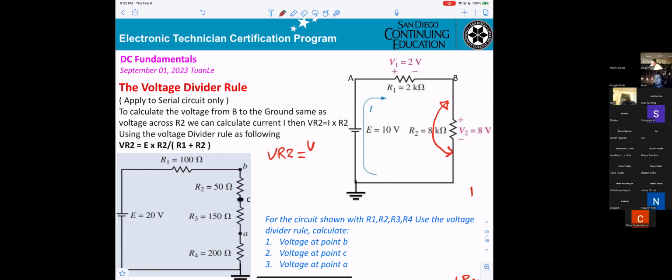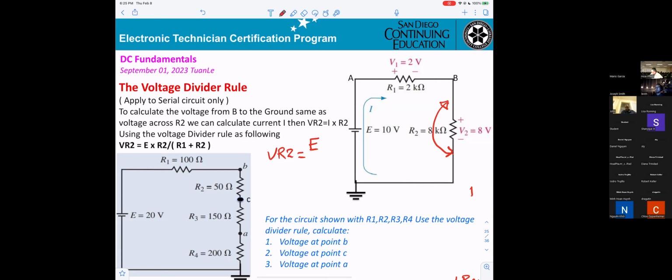Voltage divider means the VR2 will be equal to E times R2 divided by R1 plus R2. Instead, you have to calculate the current, and after you get the current, you multiply by R2.